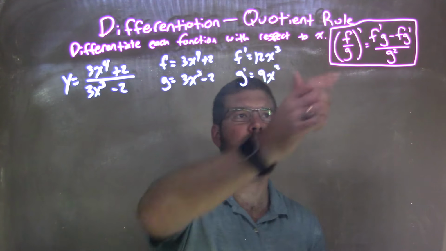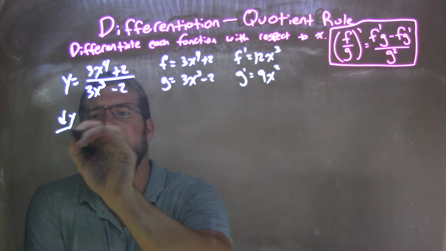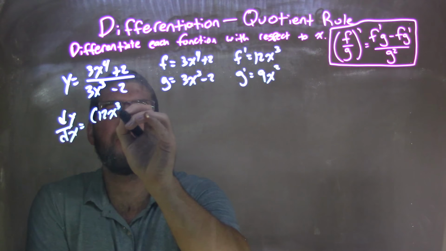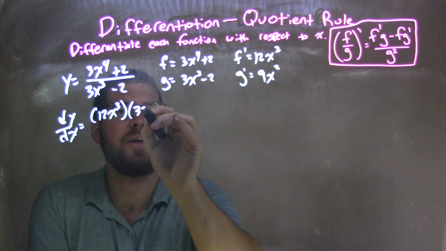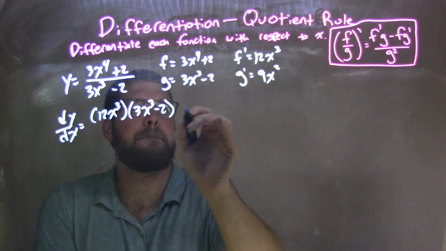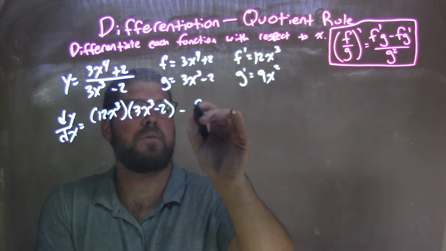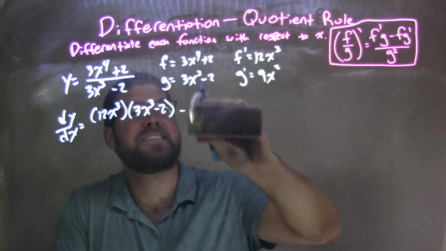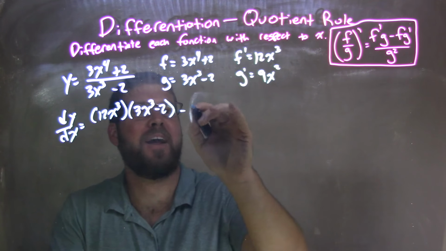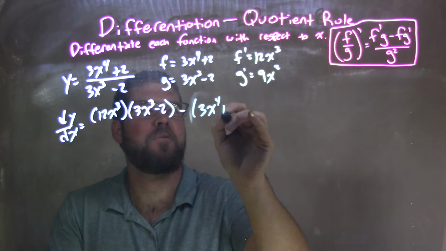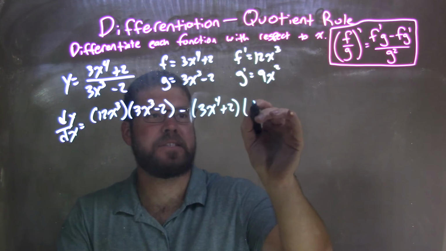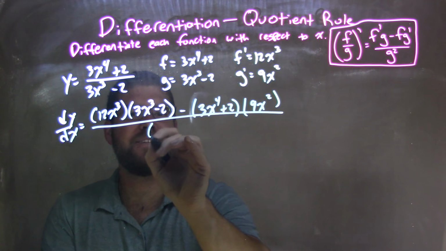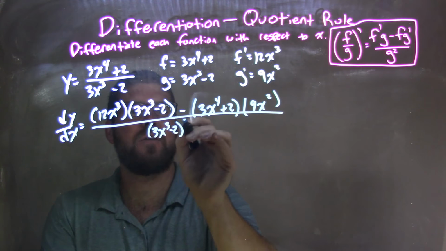So now let's apply the quotient rule written up there. dy dx is equal to f prime, 12x to the third, times g, which is 3x to the third minus 2, minus f, oh my goodness, I just wrote f instead of the part f that we have here. 3x to the fourth plus 2, times g prime, which is 9x squared, all over my denominator squared, which is 3x to the third minus 2 squared.